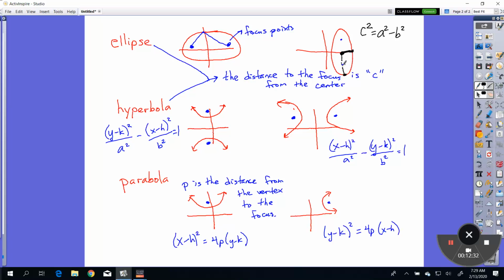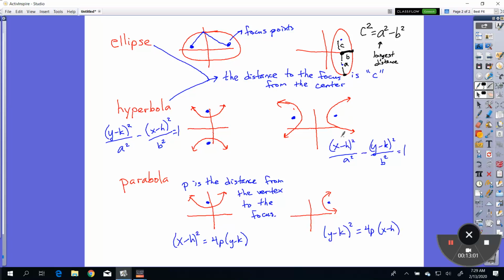So a and b are these distances, and then c is just the distance to the focus. So that's c, a is this one, and b is this one. a is always the longest distance.